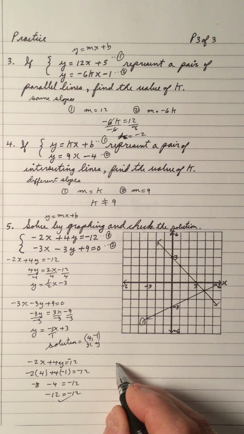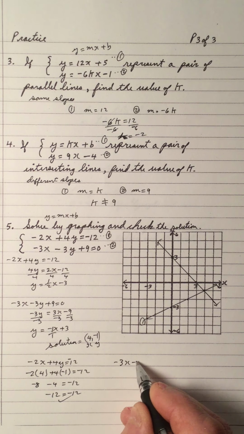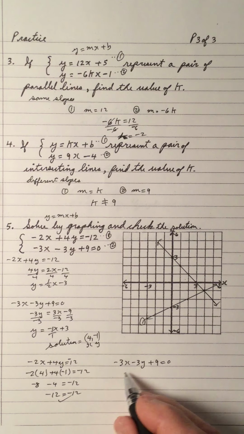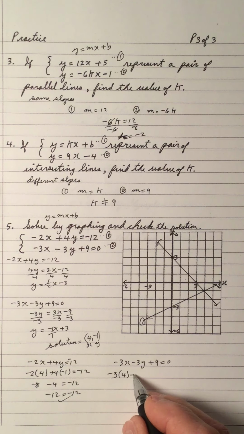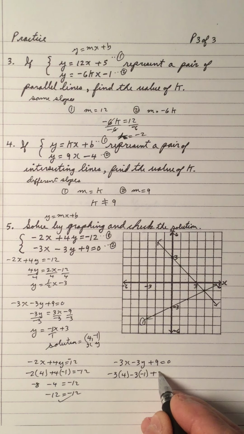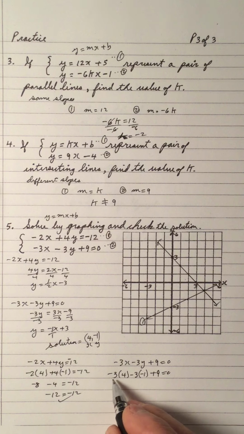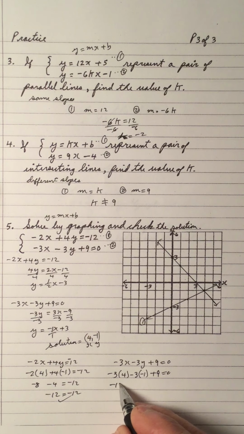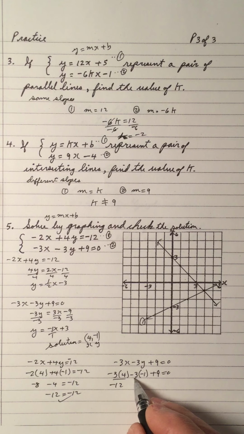Let's write down the second equation. There's equation 2, and x is 4, y is negative 1. We multiply before we add, so we multiply to get negative 12, and we multiply to get plus 3, minus 9.